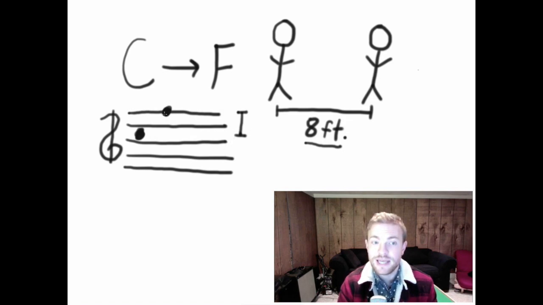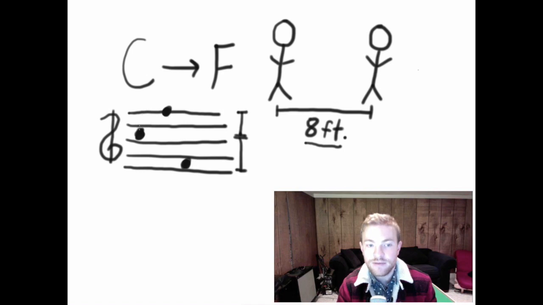However, if I were to take this F that we put here on the top line of the treble clef, and I were to move it down an octave and put it down here instead, then this distance now is a different distance, right? So the distance now from an F to a C when the F is below the C is different than the distance from an F to a C when the F is above the C, okay?